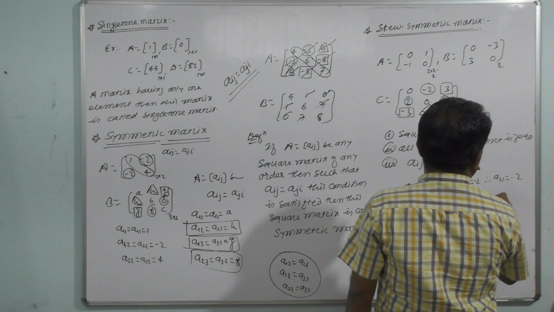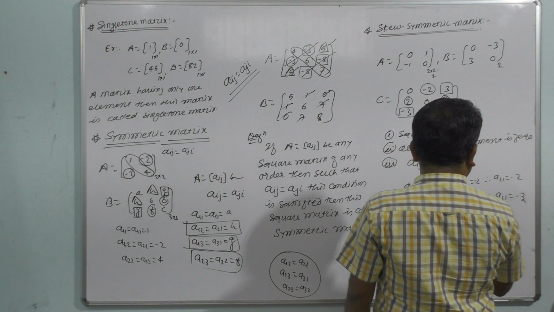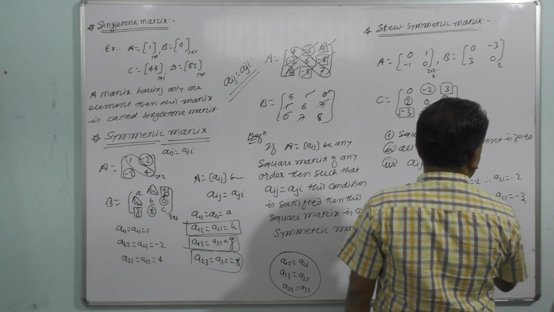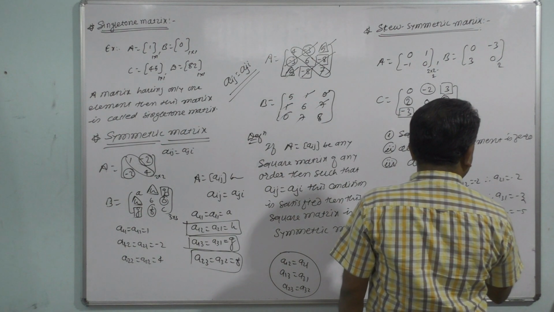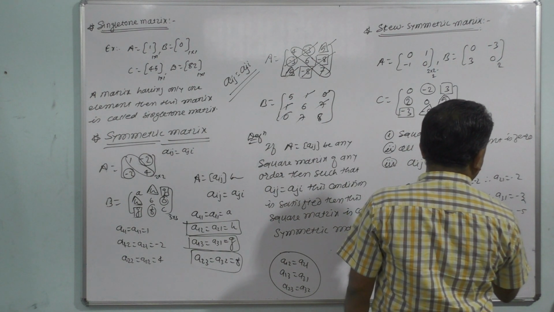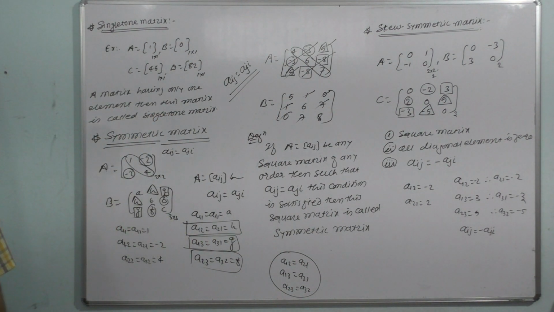A13 is equal to 3, therefore A31 is equal to minus 3. A23 is equal to 5, and therefore A32 is equal to minus 5. Means Aij is equal to minus Aji. This condition is satisfied. Therefore, the given matrix is a skew symmetric matrix.